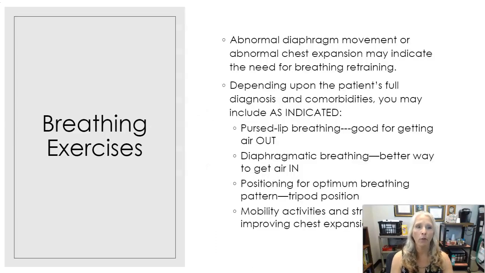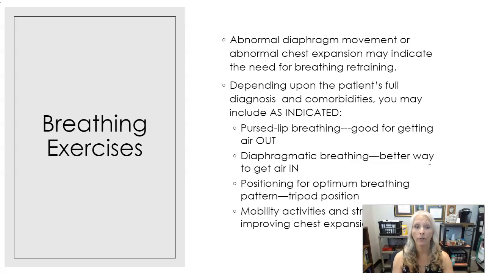Abnormal diaphragmatic movement or abnormal chest expansion is an indication for physical therapy getting involved with the patient in terms of breathing exercises. So depending upon the patient's diagnosis and comorbidities, there are 4 different kinds of ways we get involved with that. Pursed lip breathing, which is really good for getting air out.